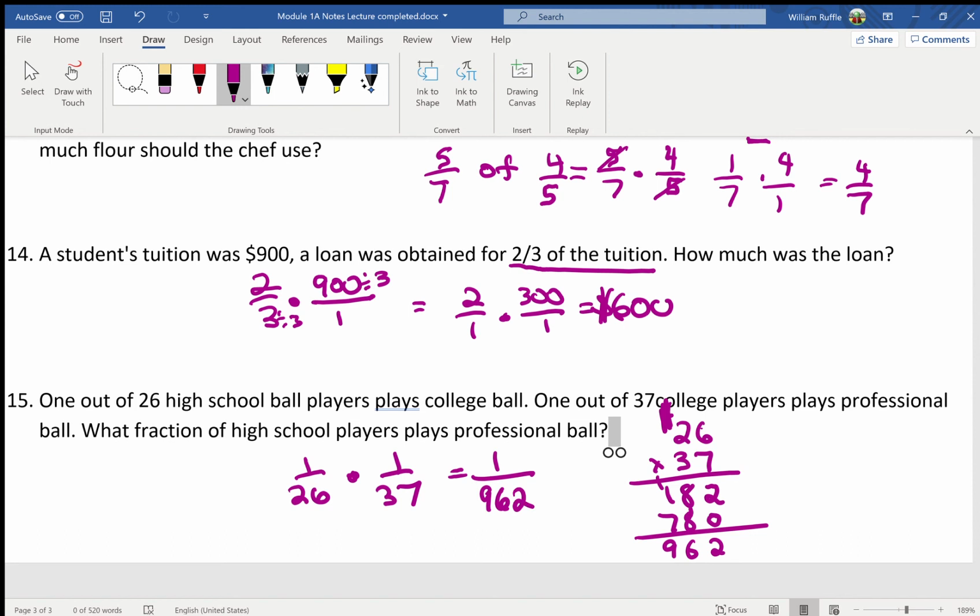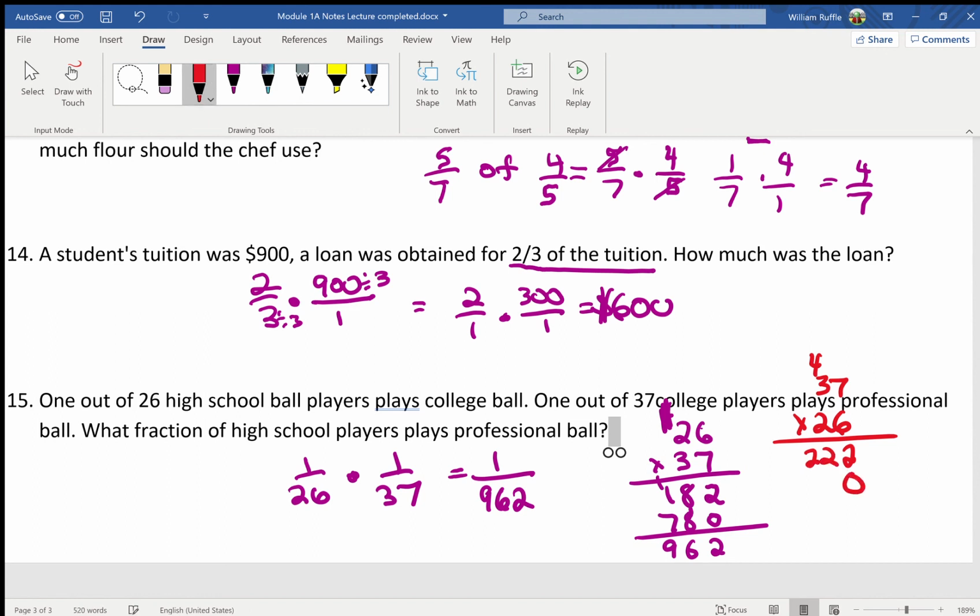I hope that doesn't happen very often to you, but it does occasionally happen. And just as practice, this is totally unnecessary. I'm going to do it in red here, but I'm going to do 37 times 26. It really should end up being the same number. I'm just multiplying the same thing here. 6 times 7 is 42, so it's 2, carry the 4. 6 times 3 is 18. 18 plus 4 is 22.